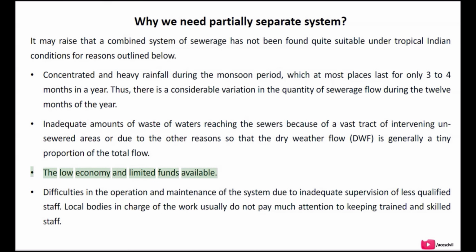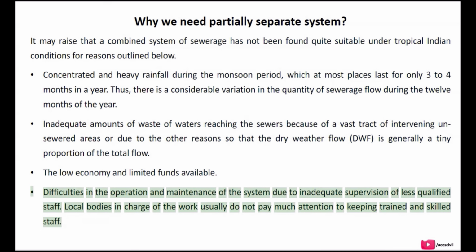The low economy and limited funds available. Difficulties in the operation and maintenance of the system due to inadequate supervision by less qualified staff. Local bodies in charge of the work usually do not pay much attention to keeping trained and skilled staff.